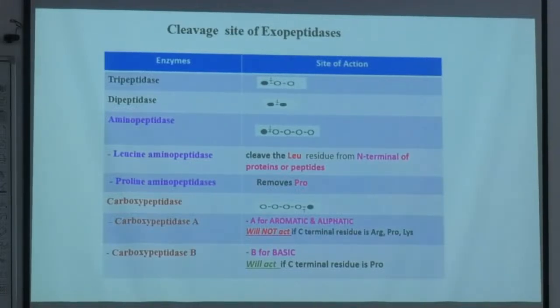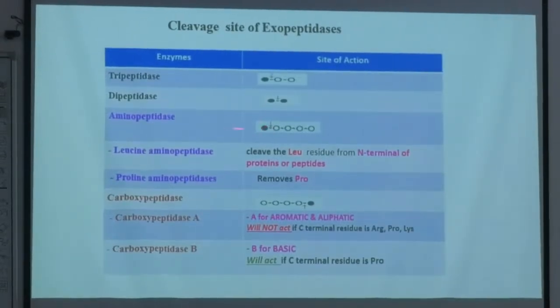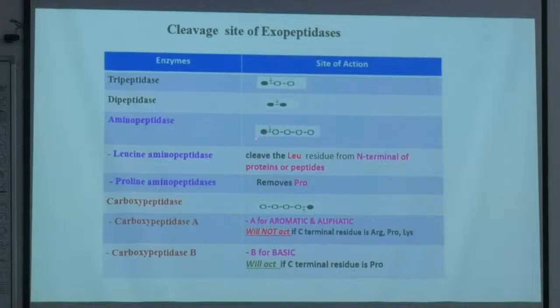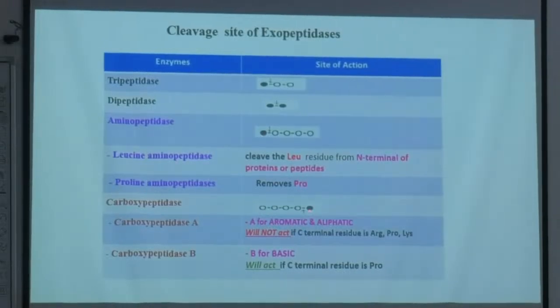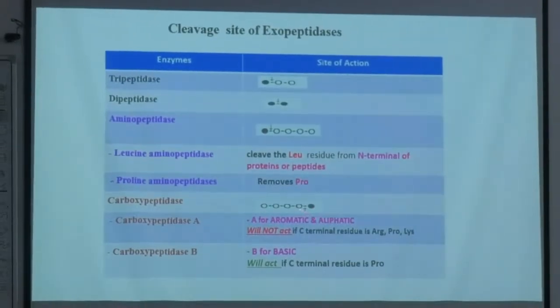As I told you earlier, when the terminal amino acid is released, this is the amino side, that's why this is aminopeptidase. And this is the carboxyl side, that's why this is carboxypeptidase. And leucine aminopeptidase is there also, so it can cleave leucine residue from the N-terminal of proteins or polypeptides. Similarly, proline aminopeptidases are there that remove proline.